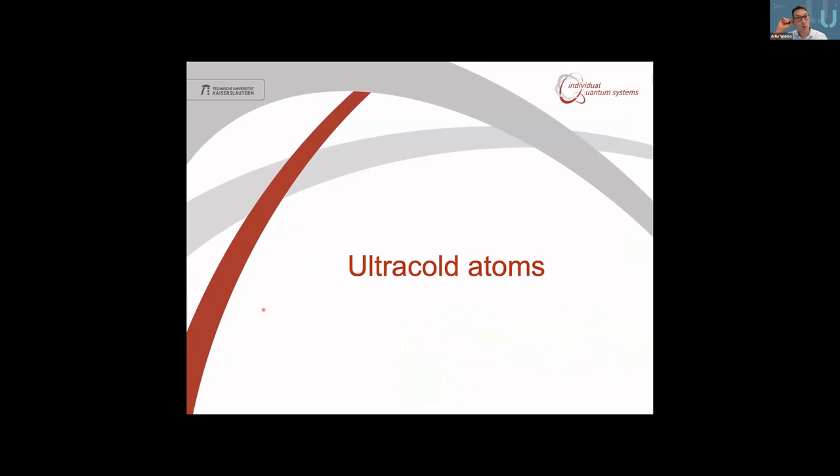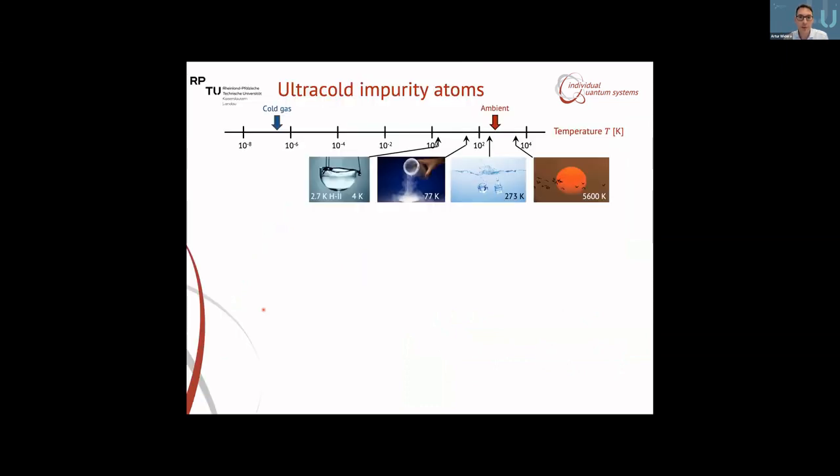All right, so what does ultra-cold atoms mean? And I would like to contrast this a little bit against the ambient air that we all breathe at the moment. If we take, for example, a temperature scale, a logarithmic one, then our air is located somewhere between the surface temperature of the sun, a few thousand Kelvin, and the point where water freezes and becomes solid and forms ice.